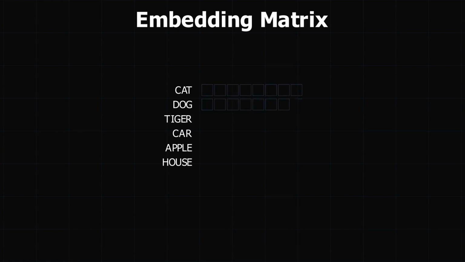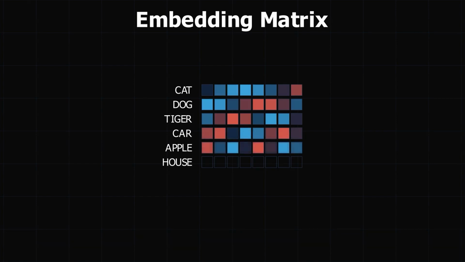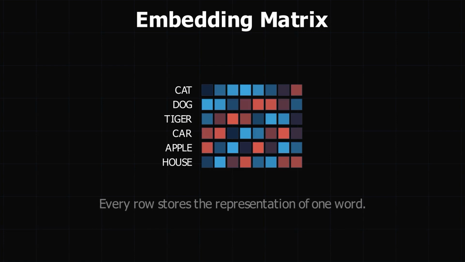Let's now look at the embedding matrix itself. Remember, every row of this matrix represents one word. Imagine many rows in this matrix become almost identical. That means different words are carrying almost the same information. The embedding matrix can no longer distinguish them effectively. Now imagine every row captures its own unique pattern.